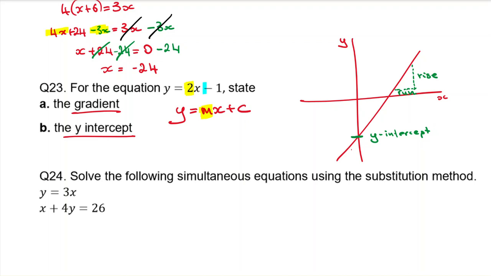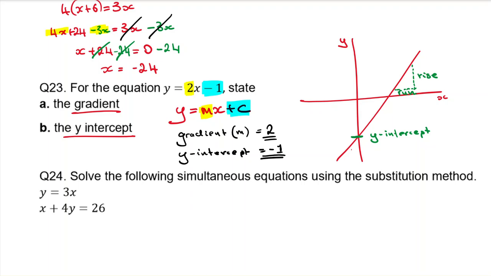So the y-intercept is negative 1. So here we can come and write gradient in brackets m is equal to 2, final answer, and then y-intercept is equal to negative 1.